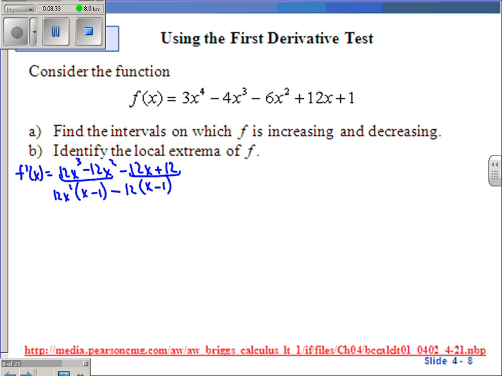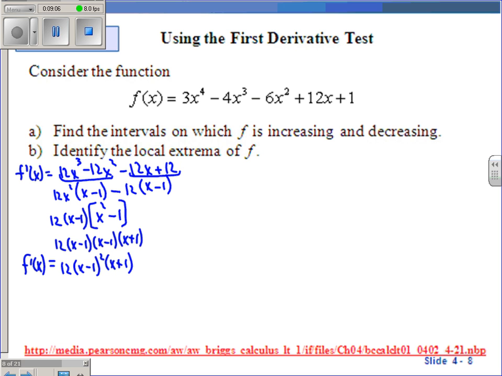Now factoring out the x minus 1s and the 12s, I'm going to get 12 times (x minus 1), and I'm going to have left an x squared from the first term and a 1 from the second. So now I'm going to have 12 times (x minus 1) times (x minus 1) times (x plus 1). Or you could write it as 12 times (x minus 1) squared times (x plus 1). And that's the derivative.